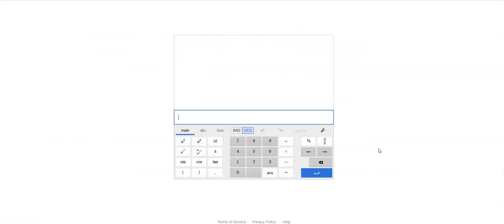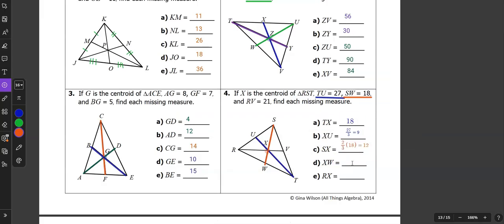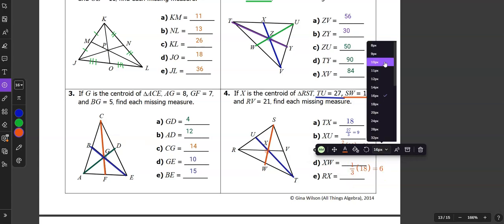And if we take that and run it through our calculator, we're going to get 12. We could again either divide the 12 by 2, or we're going to continue with the fact that we're using the fraction. So 1/3 of 18, 18 divided by 3 is 6.